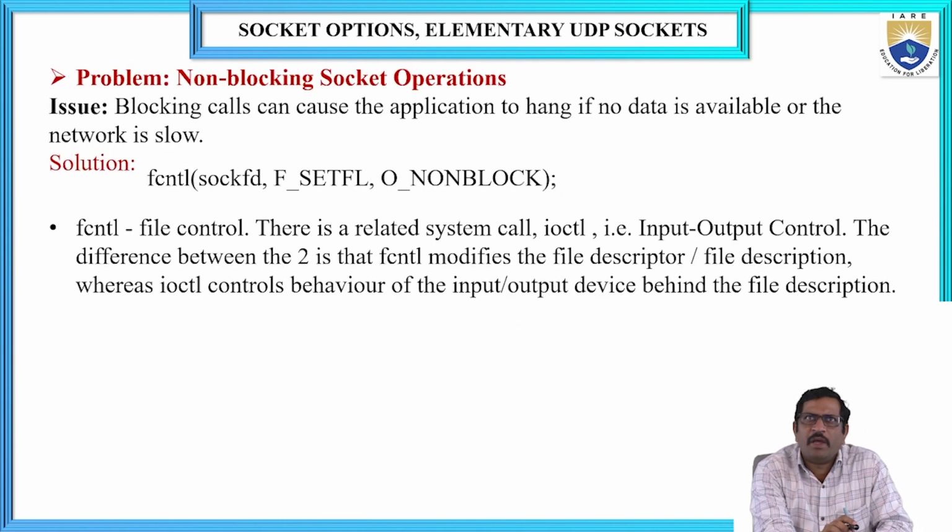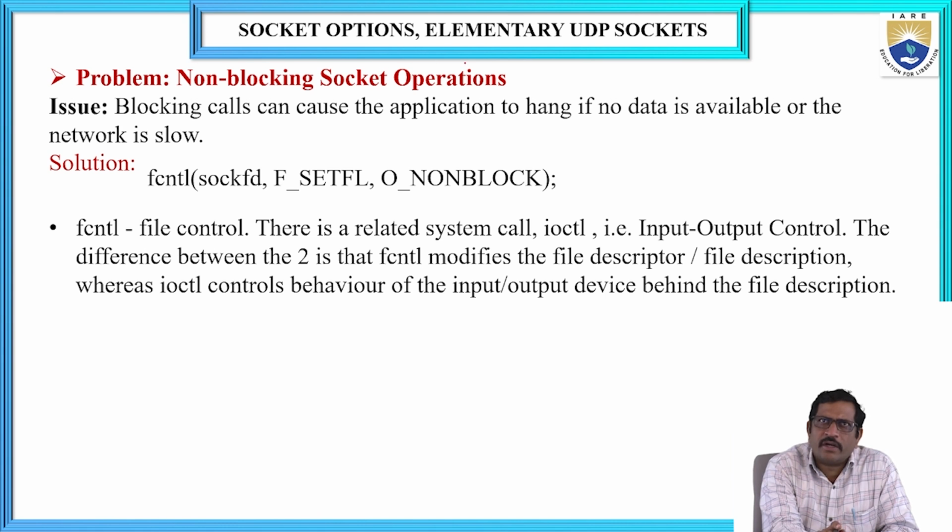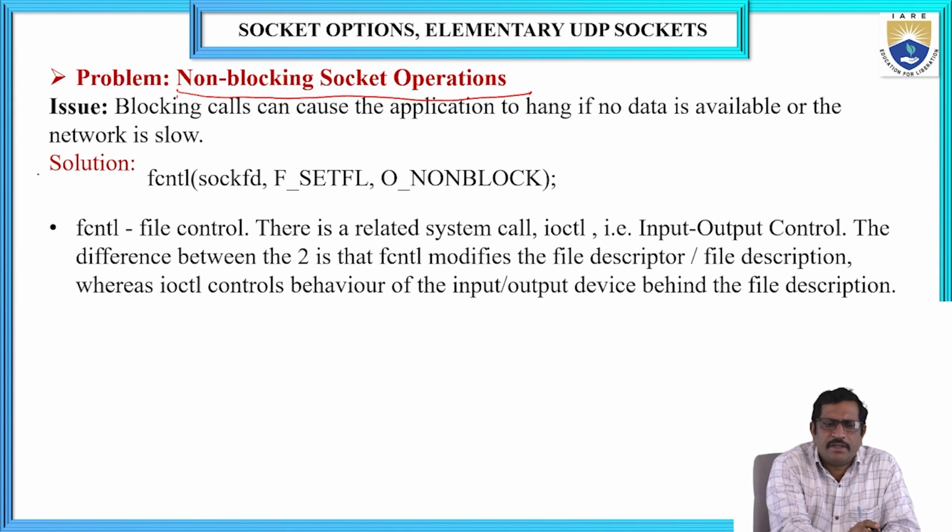The next problem is non-blocking socket operations. The issue is that blocking calls can cause the application to hang if no data is available or the network is very slow.